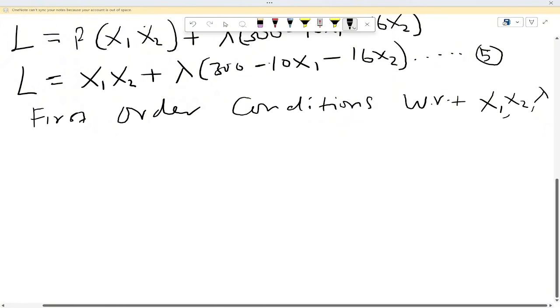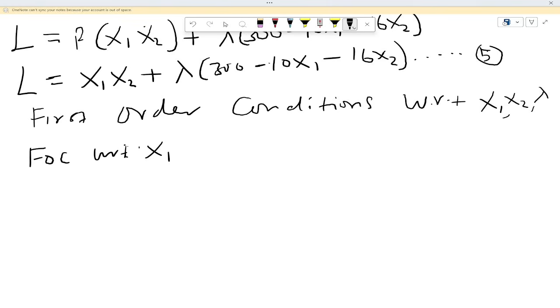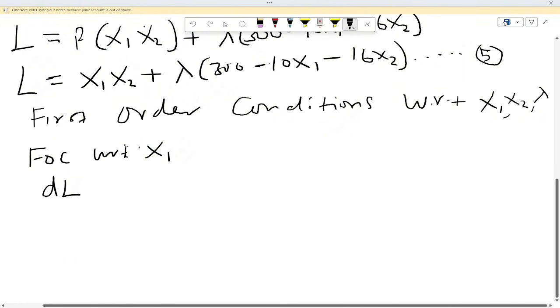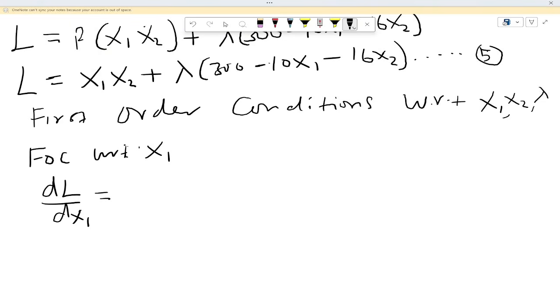So the FOC with respect to x1 is a partial derivative. dL with respect to x1: when you differentiate the first function with respect to x1, you are left with x2.